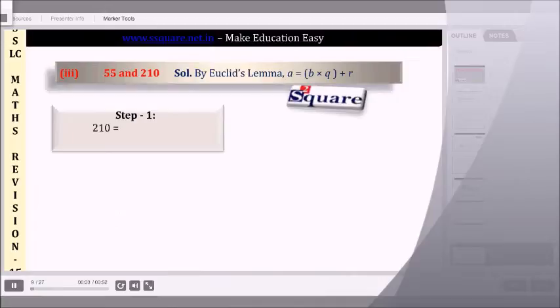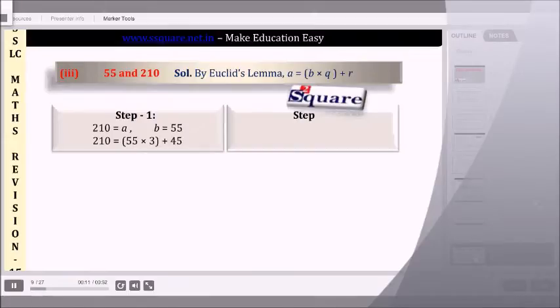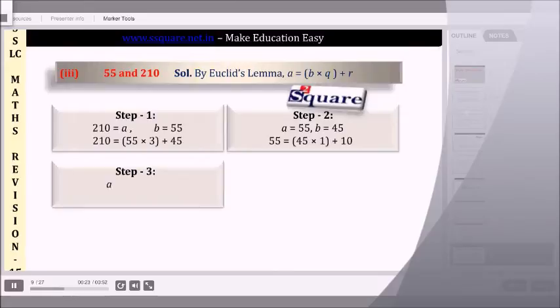Next, third one, 55 and 210. Step 1, a is equal to 210, b is equal to 55. 210 is equal to 55 into 3 plus 45. Step 2, a is equal to 55 and b is equal to 45. 55 is equal to 45 into 1 plus 10. Step 3, a is equal to 45, b is equal to 10.